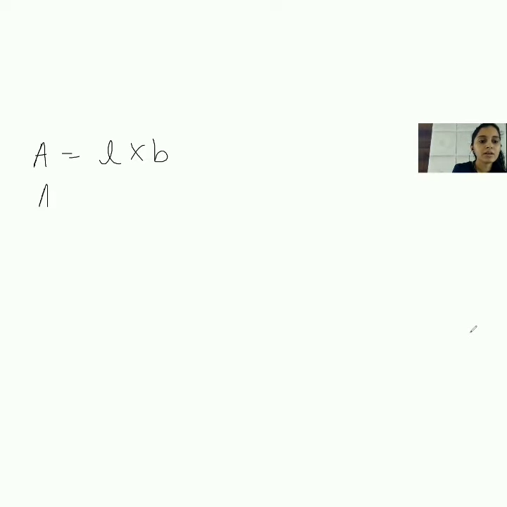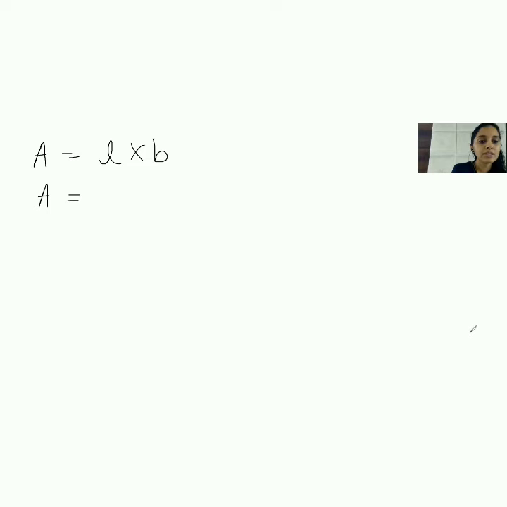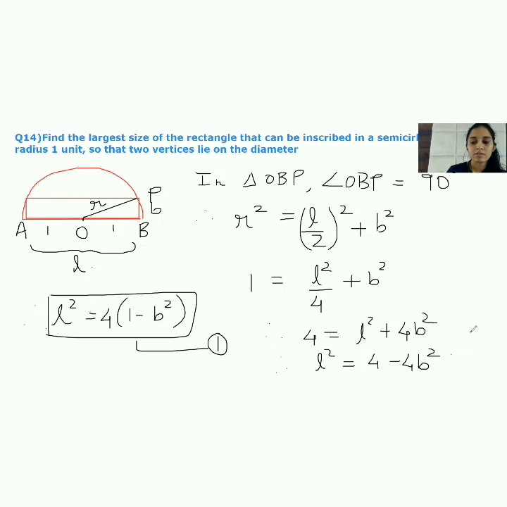Area is equal to, now what is length square? 4 times (1 minus B square). So L will be 2 root of 1 minus B square, multiplied by B. This is your area.